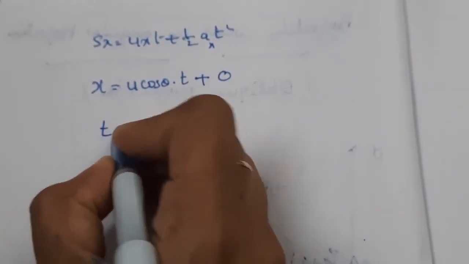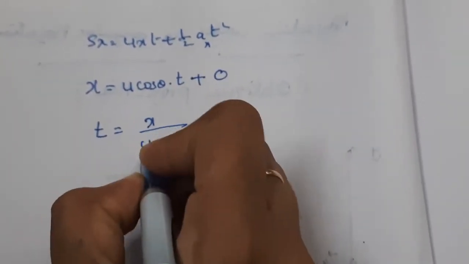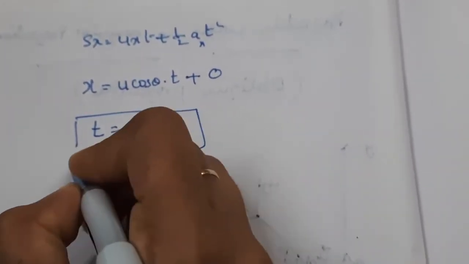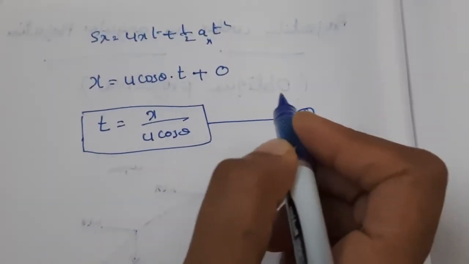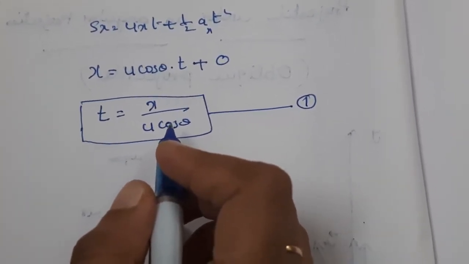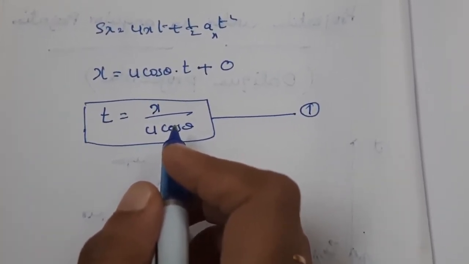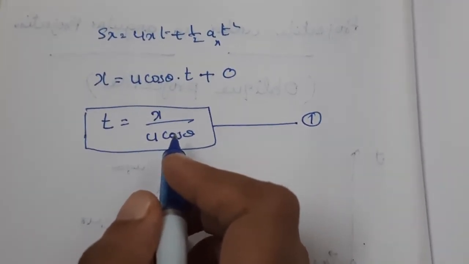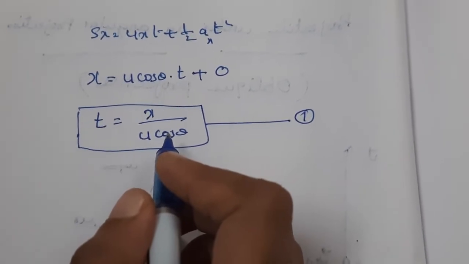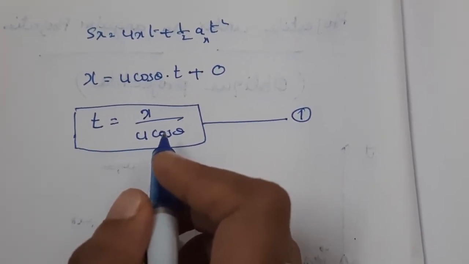From this we can write t is equal to x by u cos theta. Okay. So this is considered as equation 1. So in this oblique projection or angular projection, first we have seen the horizontal component of velocity, that is Vx is equal to u cos theta, then the horizontal distance travelled by the projectile.